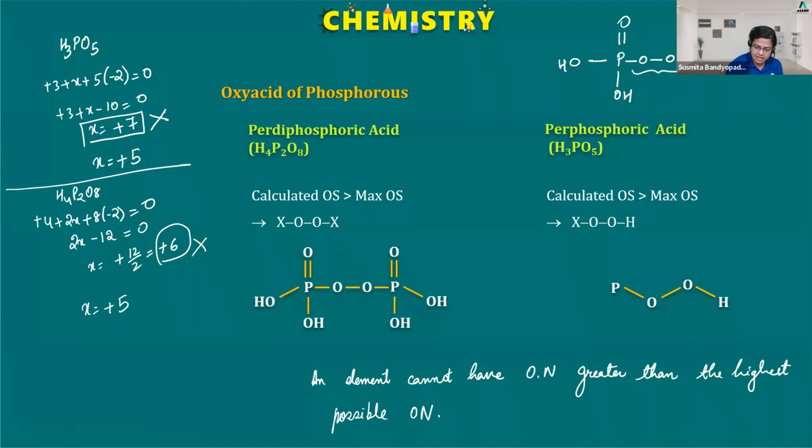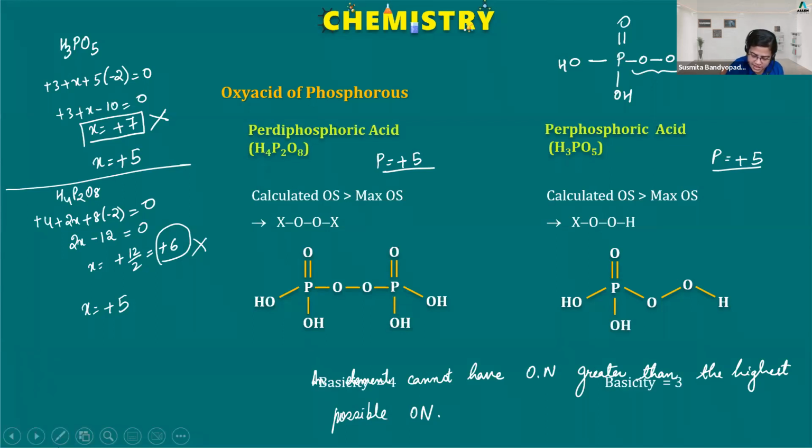And hence, in each case, P is +5. We have already drawn all the correct structures. You can find peroxy linkage in both these structures. So, concentrating on the oxy acids of phosphorus, sulfur also, but that in group 16 is very, very important, relevant.